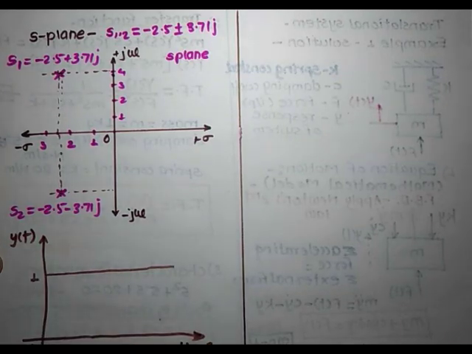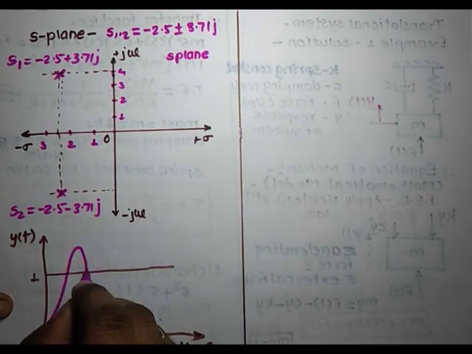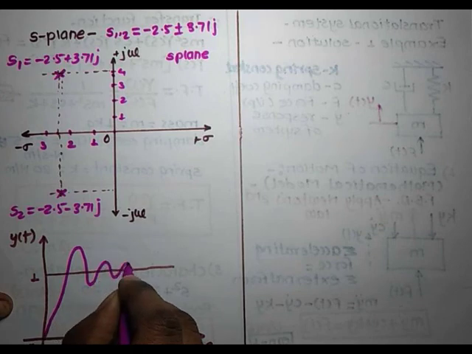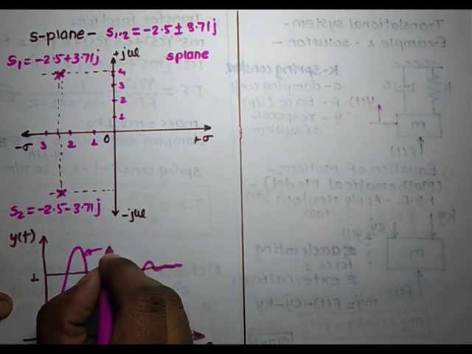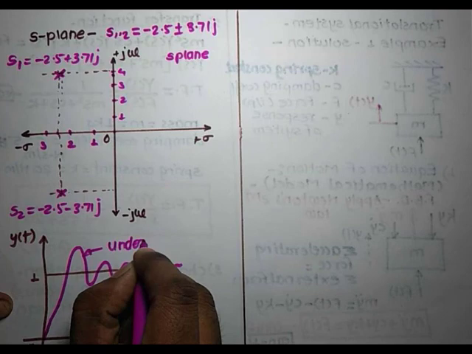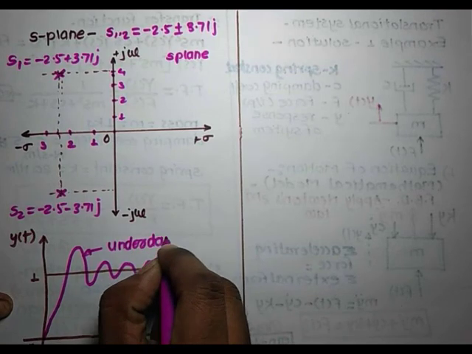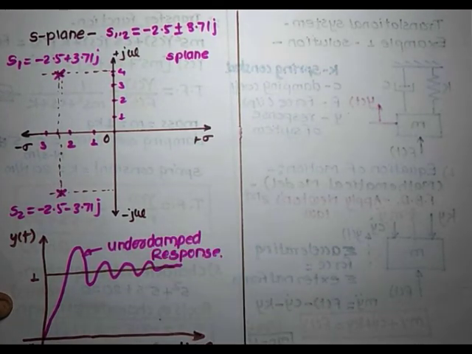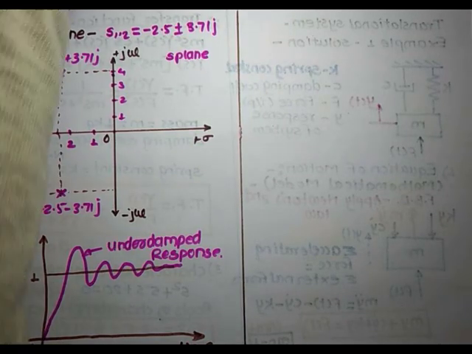If we plot this response, then we will have a transient response. So this is an underdamped system, or underdamped response, or transient response. Now the conclusion: since the poles lie on the left half plane, the system is stable and the response of the system is underdamped or a transient response. Now this is answer 4.